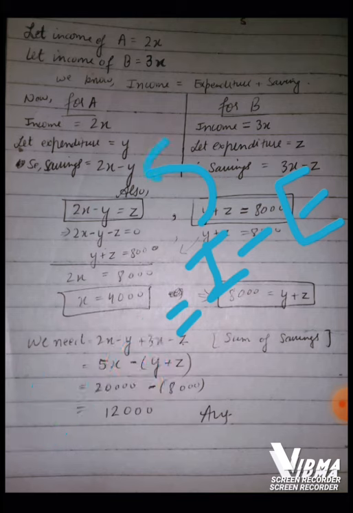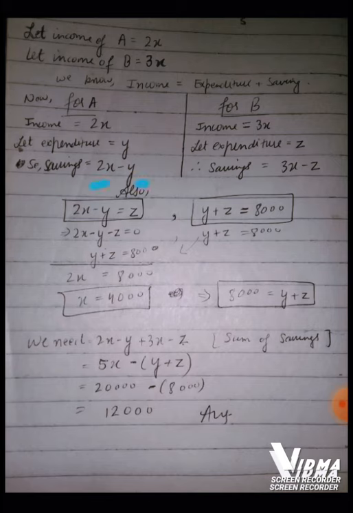Therefore, according to this formula, what do we get? We get savings of A equal to income of A minus expenditure of A, right? Similarly, savings of B equals income of B minus expenditure of B, right?